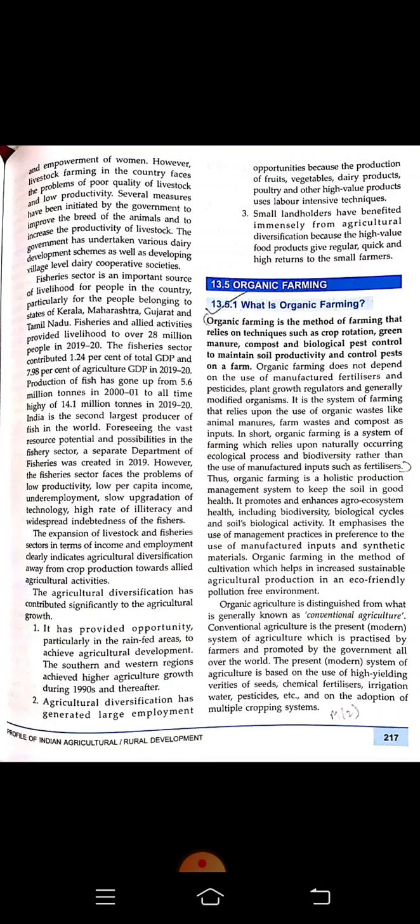In this system, the farmer relies upon organic waste like animal manure, farm waste, and compost as inputs. In short, organic farming is a system of farming which relies upon naturally occurring ecological processes and biodiversity rather than manufactured chemical inputs or fertilizers.